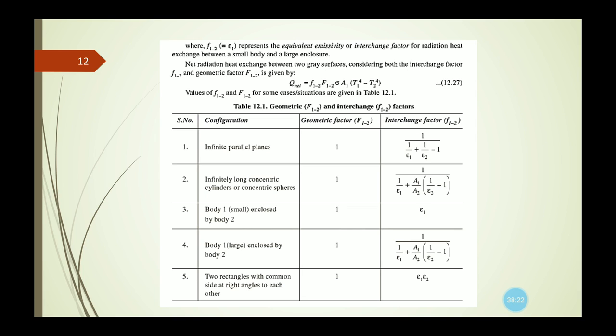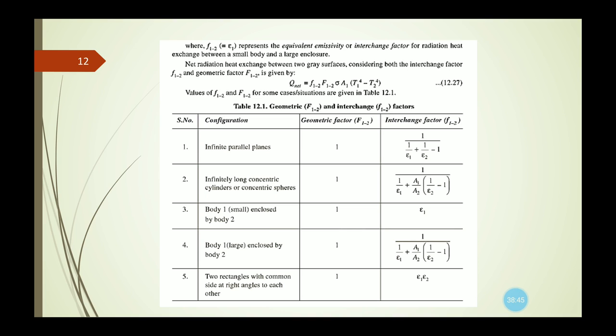There we also saw the different shape factor algebra and some prominent features of the shape factor, the summation rule, the principle of conservation, and different other rules regarding the shape factor.